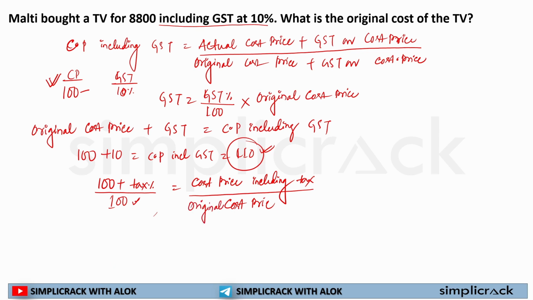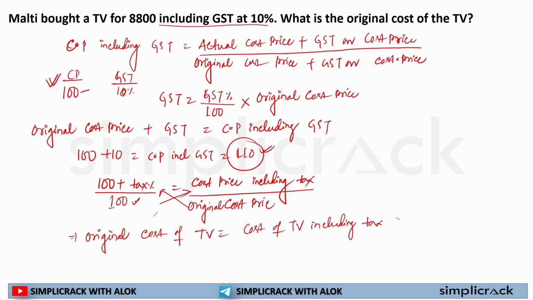So if I have to find out the original cost of the TV, then I just have to simply cross multiply here. So original cost of TV is equal to cost of TV including tax multiplied by 100 divided by 100 plus tax percentage.